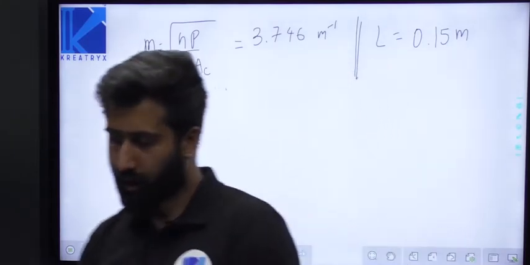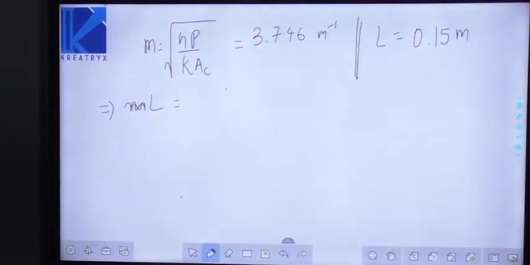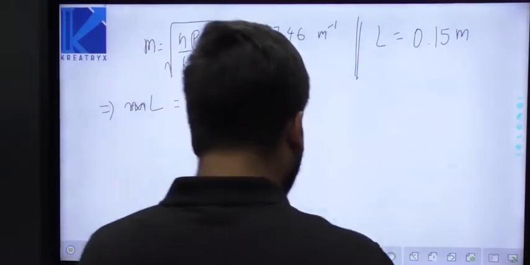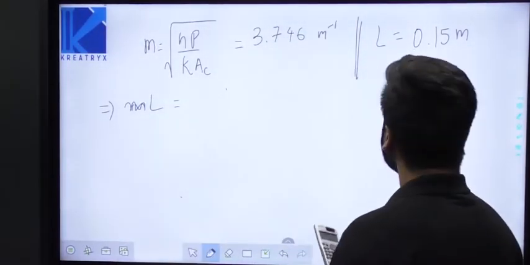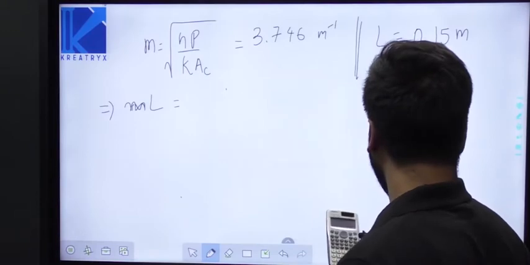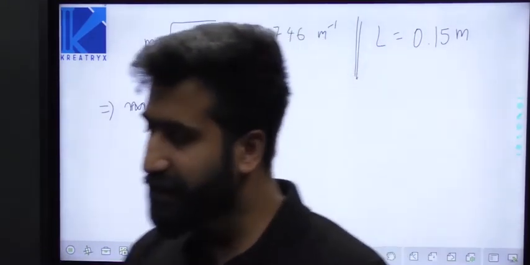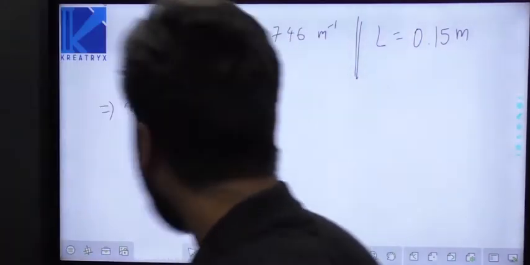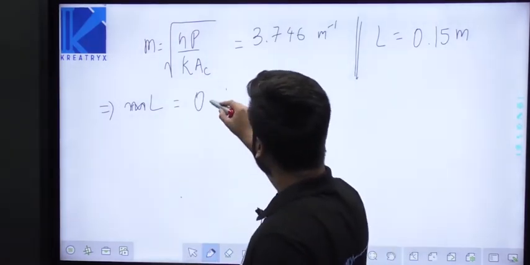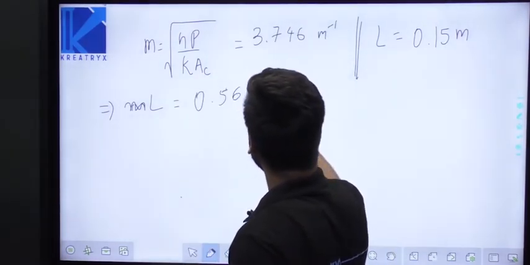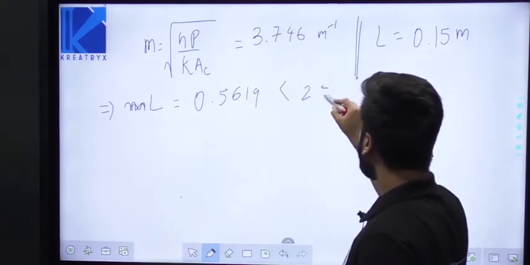Oh, this is not given. Let me calculate it. It will be 3.746 into 0.15, so it is 0.5619. That means it is less than 2.56.